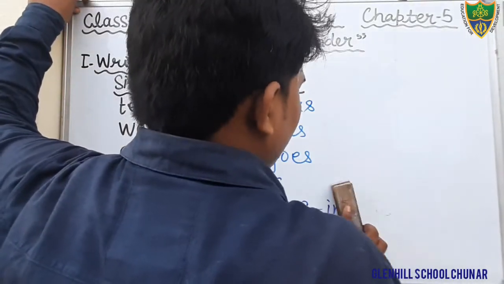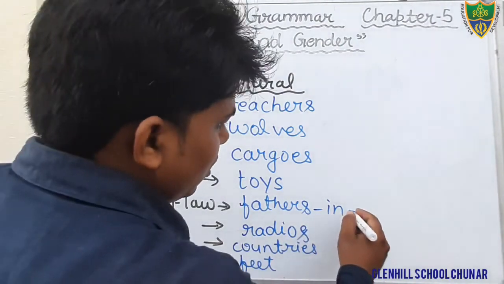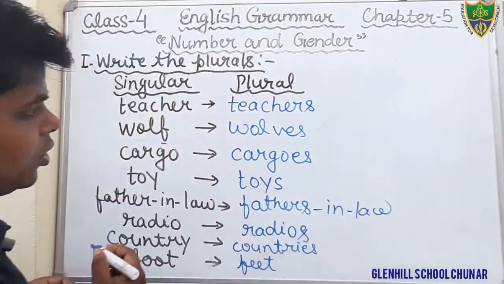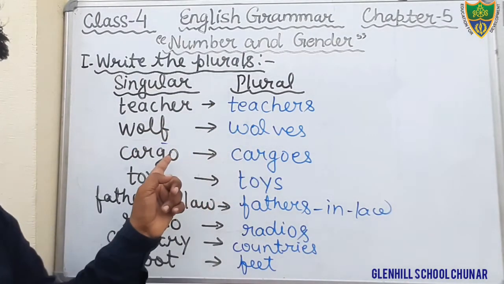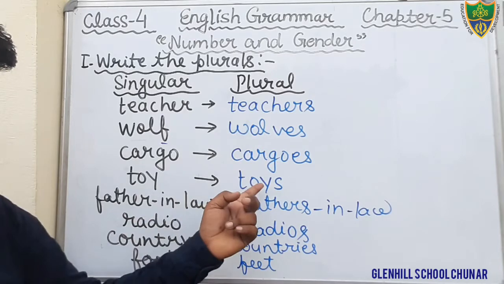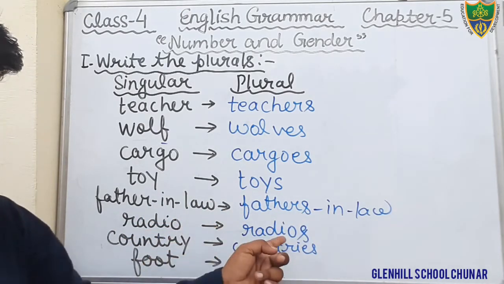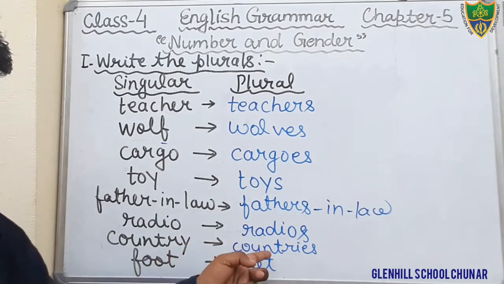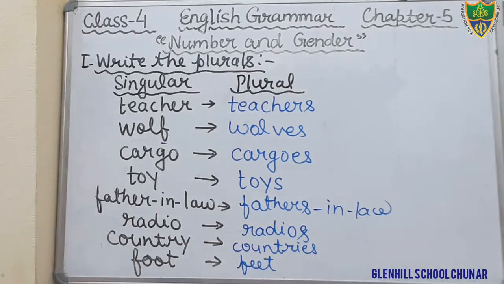Teacher, teachers. Wolf, wolves. Cargo, cargoes. Toy, toys. Father-in-law, fathers-in-law. Radio, radios. Country, countries. Foot, feet. Okay, students. So just fill it in your book. In this way, we have completed exercise number first.